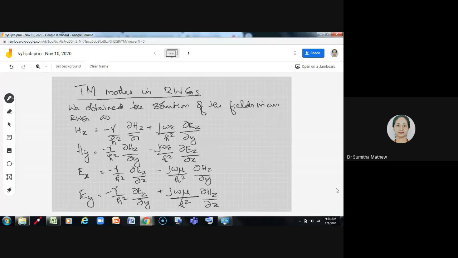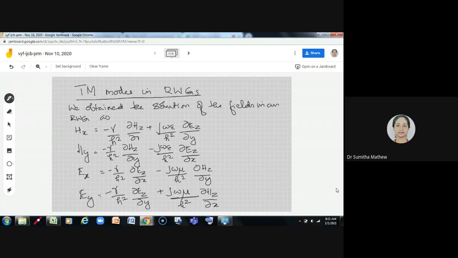One is TE mode, the other is TM mode. TE modes are transverse electric modes, TM modes are transverse magnetic modes, and we classify them depending upon whether Ez or Hz is present or absent. We need one of them to be present for the waves to propagate in a rectangular waveguide.